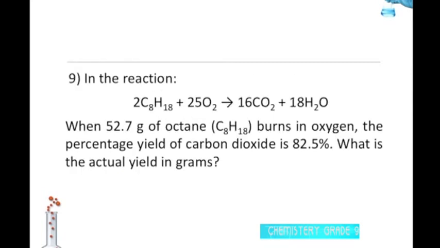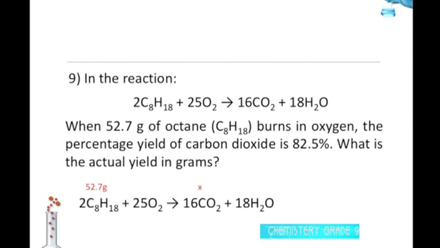In this reaction, when 52.7 grams of octane burns in oxygen, the percentage yield of carbon dioxide is 82.5%. What is the actual yield in grams? We write the balanced chemical equation.